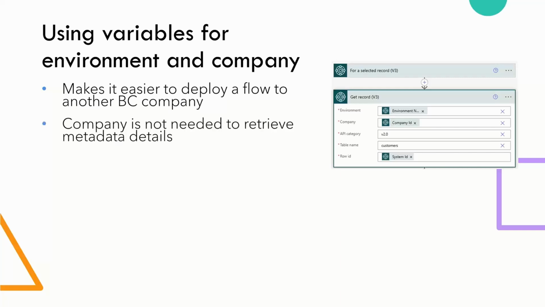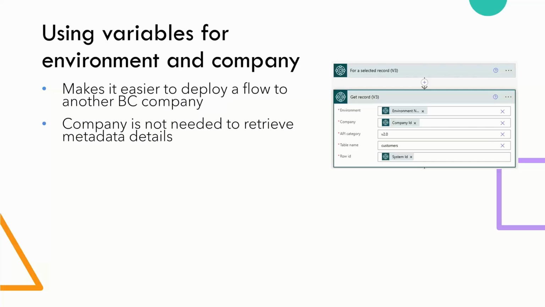But the point is, why is that actually possible? Well, the company parameter that is on a Business Central step is not required when retrieving metadata details. What I mean with that is that if you have a step in Power Automate that connects to Business Central, and I'm going to demonstrate this in a minute, then it queries the Business Central environment to get the metadata details.